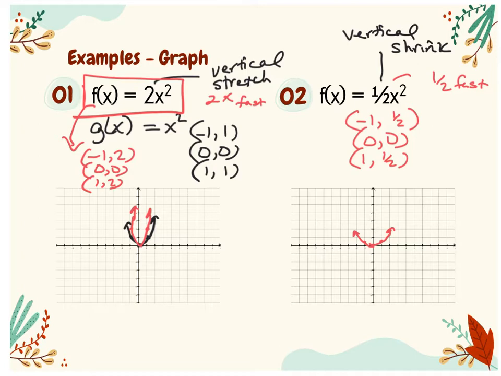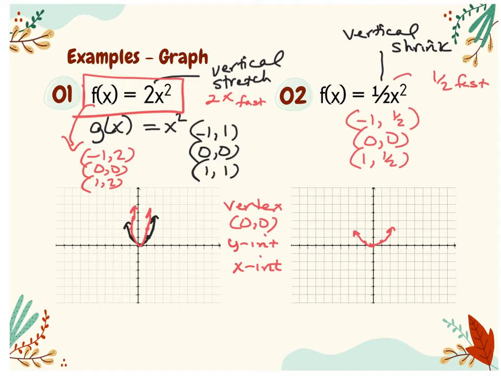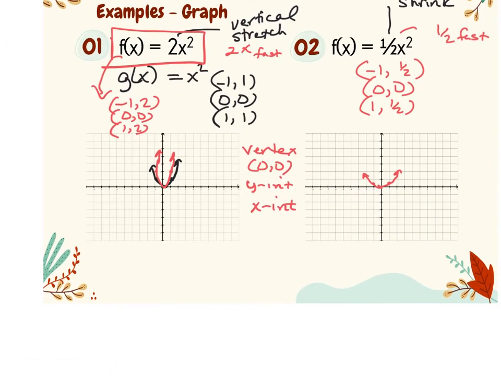So this is just how it's relating back to what we've already done when we graphed the parents and applied the shifts. Now, if you notice on all of these red ones that we just graphed, my vertex is at the ordered pair 0, 0. So is my y-intercept, and so is my x-intercept. If you didn't know how to graph it, you could plug in zeros also.